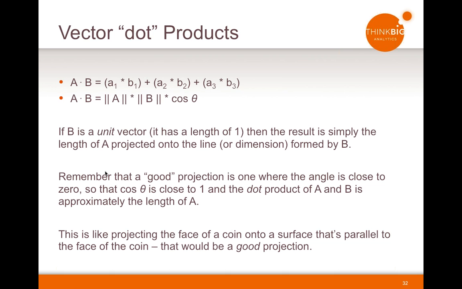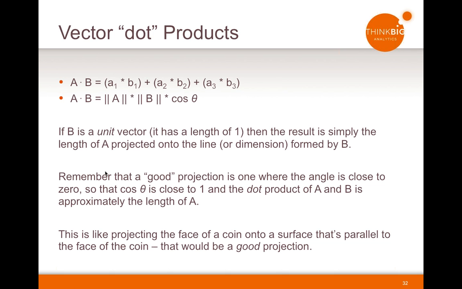So if we had, say, the x and y axis, and we formed a plane, and we wanted to project the image of an object onto that plane, then in the case of the face of a coin, if the plane is parallel to the face of the coin, and each of the points on the face of the coin was a vector, and you were trying to find the projection of that coin onto a surface, the best surface is one that's parallel.